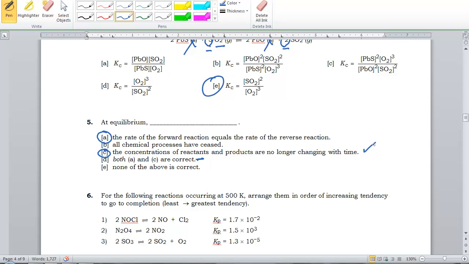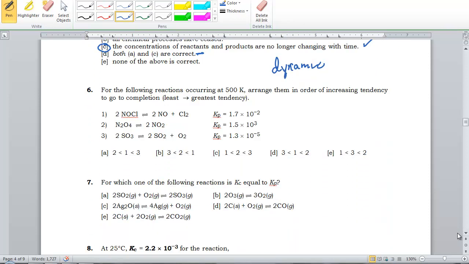And that's what choice B implies. So equilibrium is dynamic. I like to think of it as circular. Reactants, products circling back again. And there's constant reaction going on. But the forward and the reverse are the same. Concentrations are no longer changing with time.